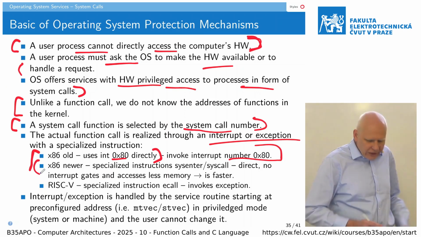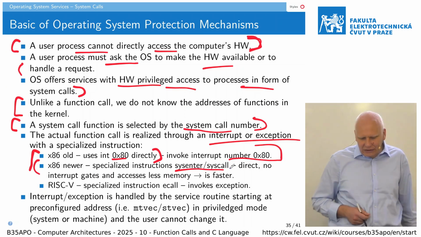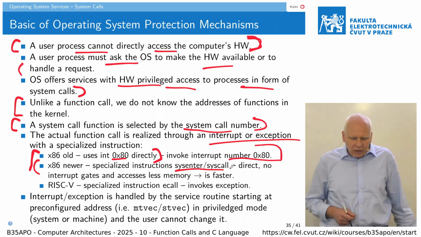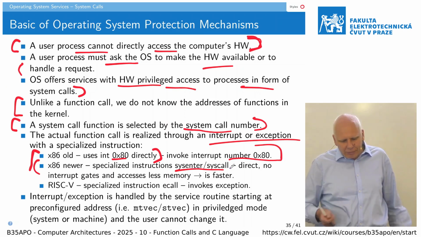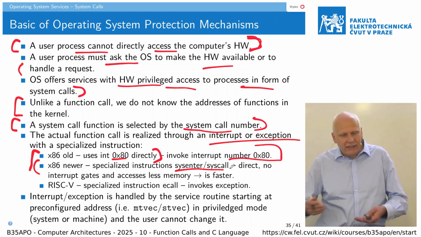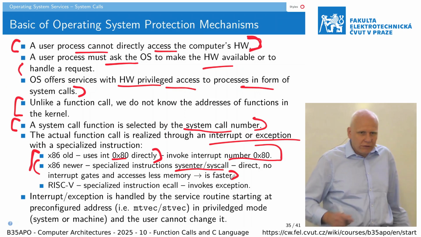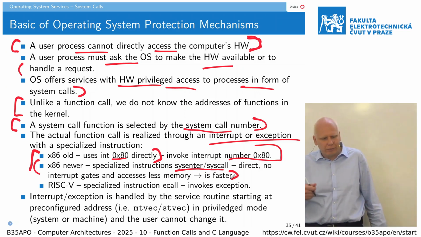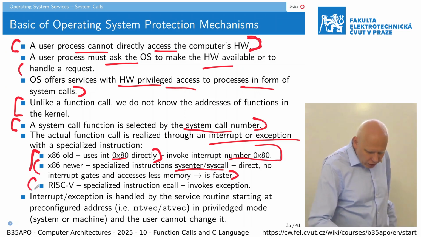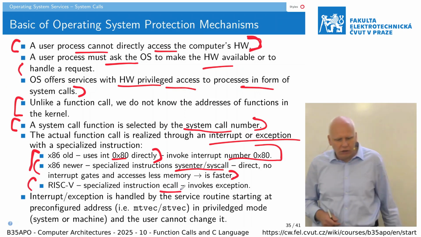On the newer x86 architectures, there are the sysenter and syscall instructions, which allow skipping some of the complexity of interrupt processing and go directly to some predefined function, which at the start of the operating system is set to process the system call. On RISC-V, we have the environment call, the ecall instruction.